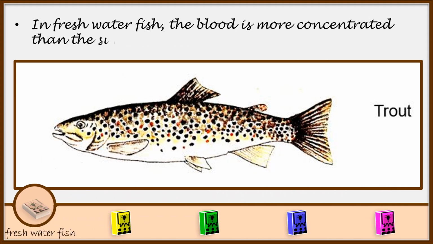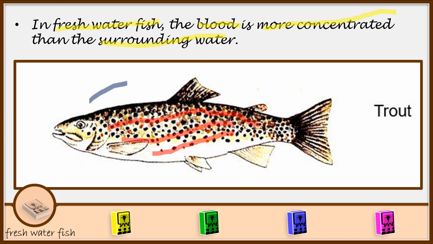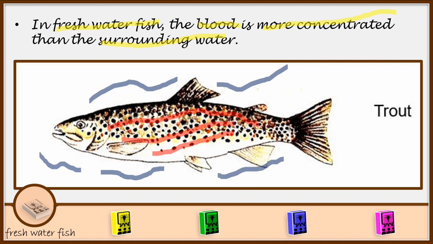In freshwater fish, the blood is more concentrated than the surrounding water. So in a fish, you will find that the blood inside is more concentrated compared with the water outside.